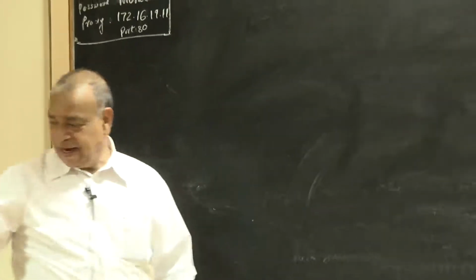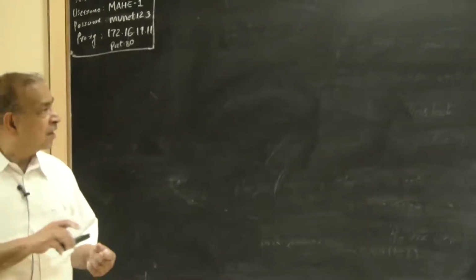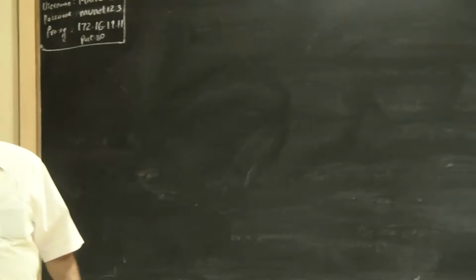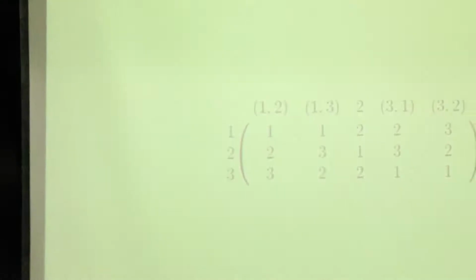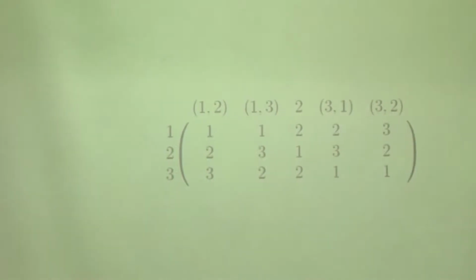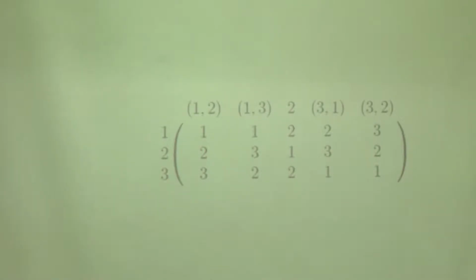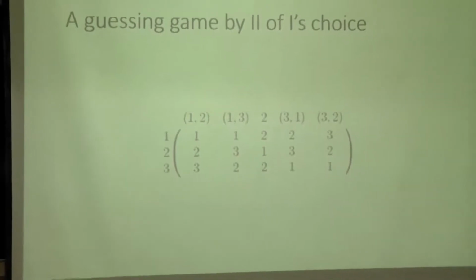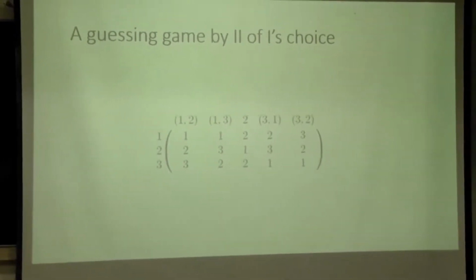So this game, what happened? Okay. Now this is a guessing game. There are 3 numbers, 1, 2, 3. Player 1 chooses one of the numbers. Player 2 must guess what is the number he has chosen.